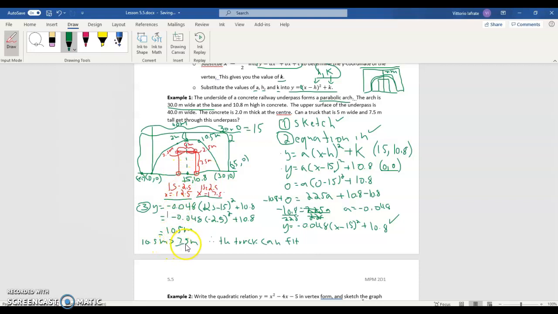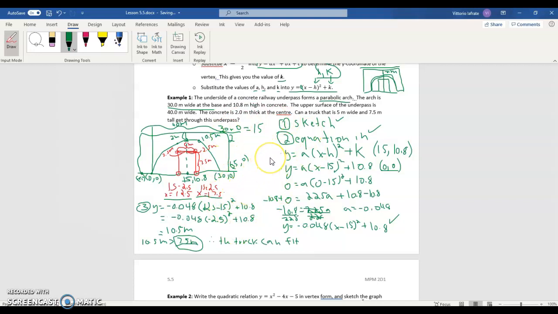We compared it to the height of the truck provided, and then we made our conclusion based on that. If this number, 7.5, was higher than 10.5, let's say it was 10.6 or 10.7, then our truck could not fit because our truck would be higher than that point and would hit the concrete at those points. So that is how you would solve this problem.